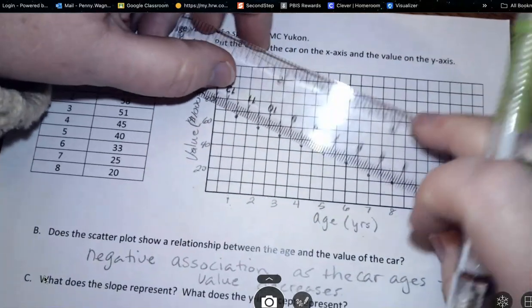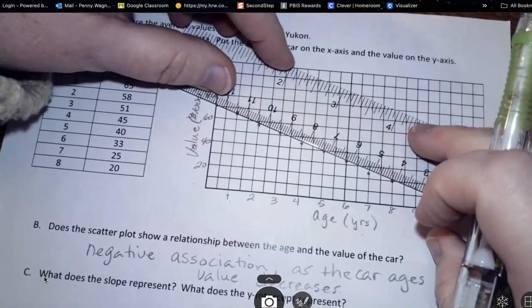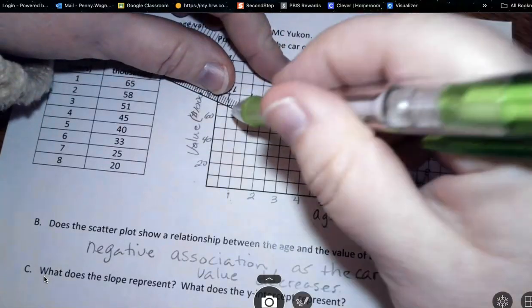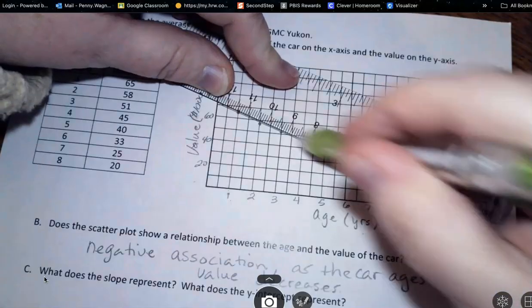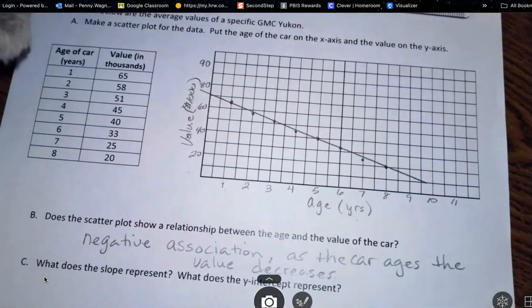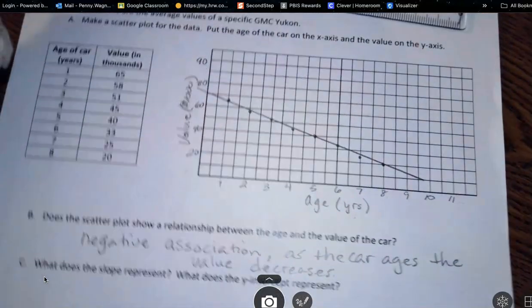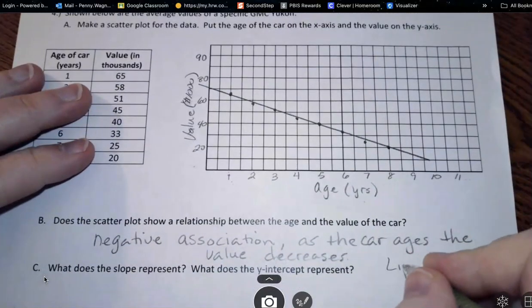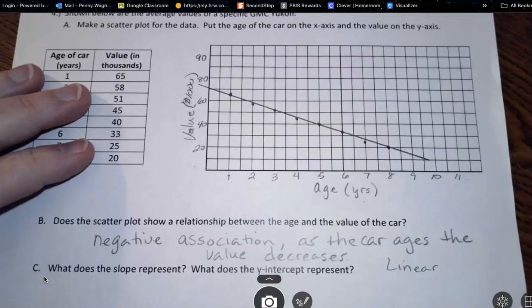And so that wouldn't work. So if I did it here, I'm going to draw my line. Okay, so this is definitely linear, isn't it? So it is a linear relationship as well.